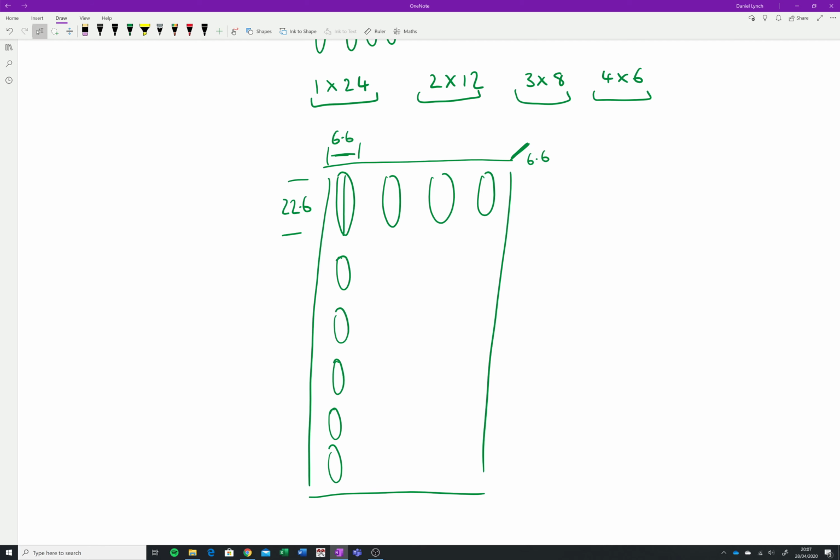Okay, so let's work it out. We have 22.6 times 6. I wonder, do they want us to do 1 by 24 and 24 by 1 or anything like that? Do wonder about that. 22.6 multiplied by 6.